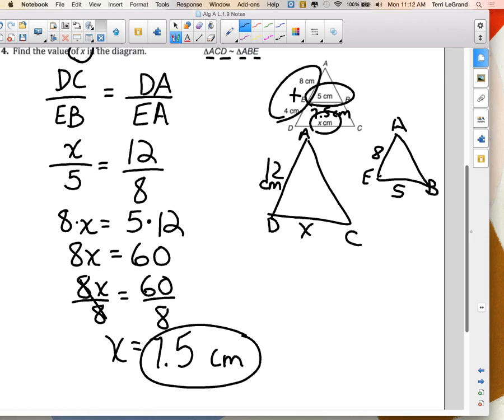Is 7 1/2 longer than 5? Well, then I'm feeling like it's fairly reasonable. If I would have ended up with something like 4 as my answer, would that have been reasonable? No, that would have said it was shorter than that side, and that side is 5. So reasonable just means, look at it and say, well, wait a minute. Can this be possible? That's what reasonable means.